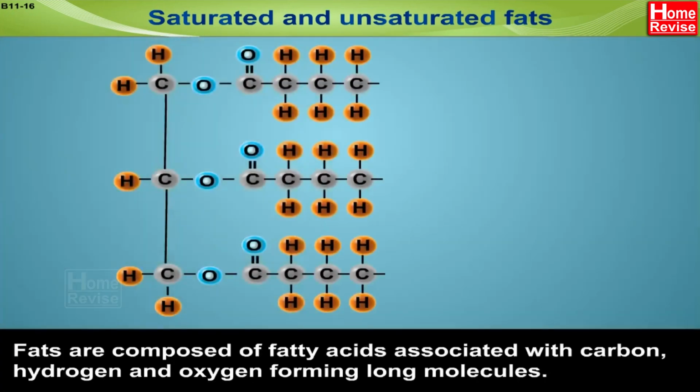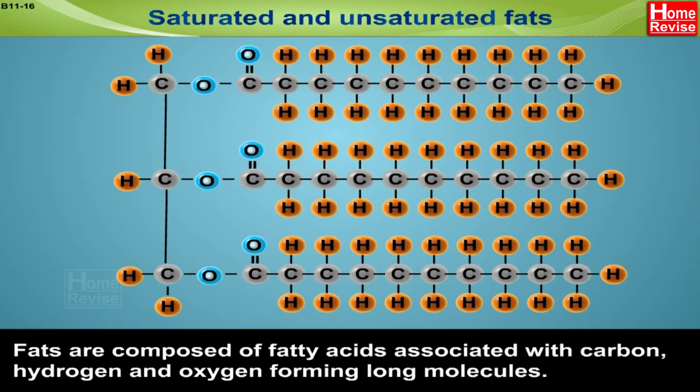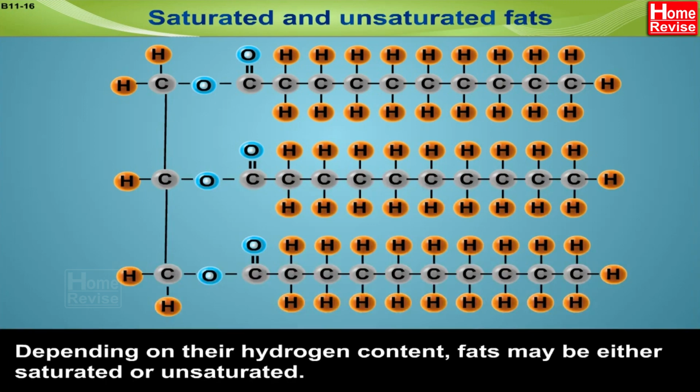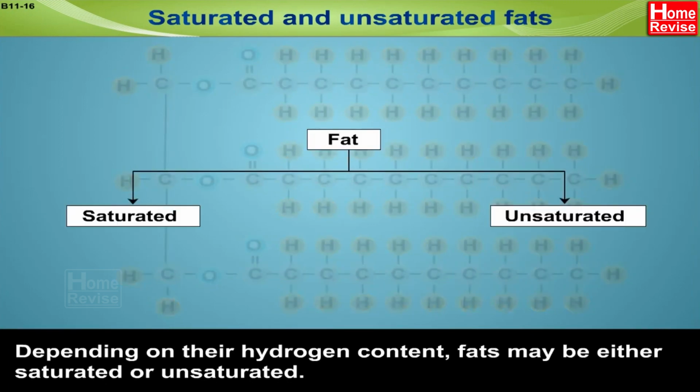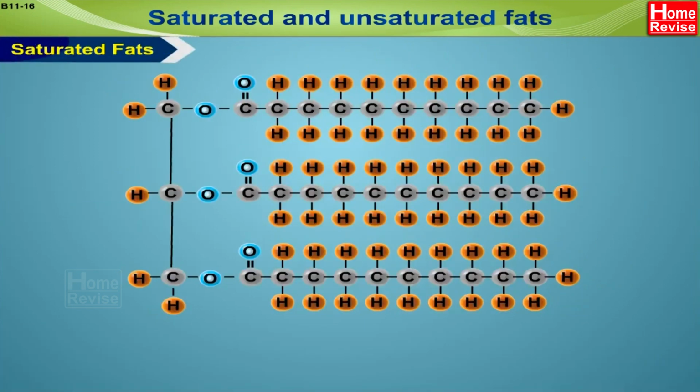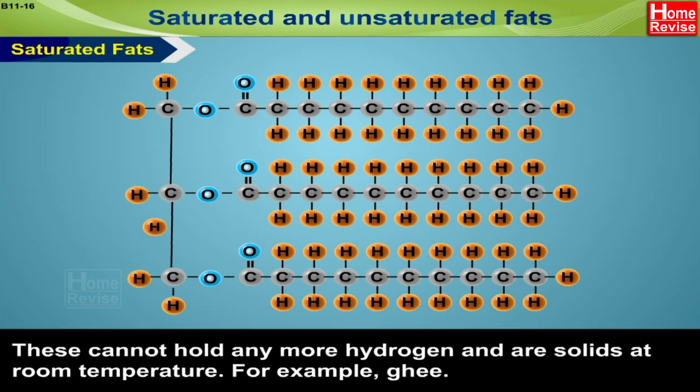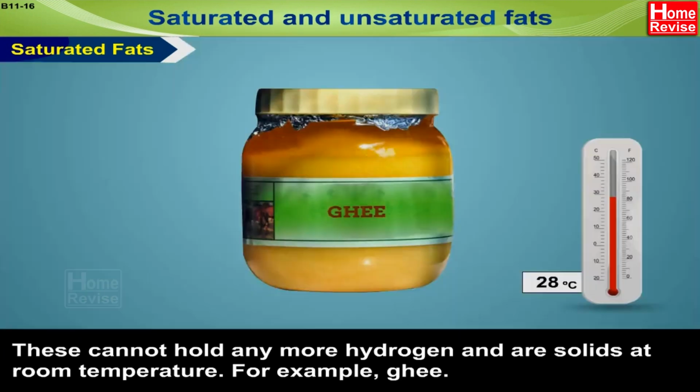Saturated and unsaturated fats. Fats are composed of fatty acids associated with carbon, hydrogen, and oxygen, forming long molecules. Depending on their hydrogen content, fats may be either saturated or unsaturated. Saturated fats cannot hold any more hydrogen and are solids at room temperature.